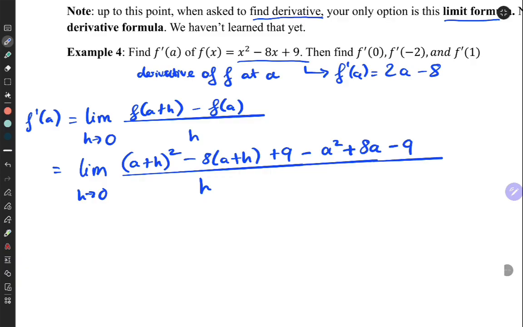You should have that over there. Plus, okay, good. F of 0, oh yeah, plug in. There you go.